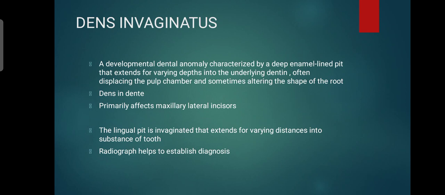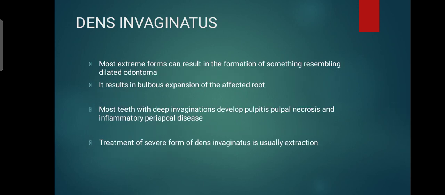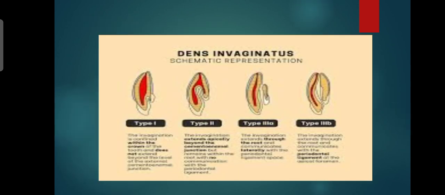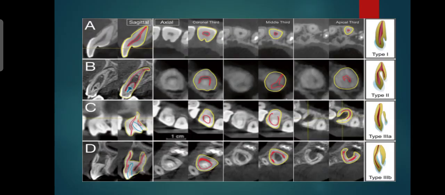Basically, there are two teeth. The tooth is present in the tooth. It primarily affects the permanent maxillary lateral incisors. However, maxillary central incisors and other teeth can also be occasionally affected. Here you can see how the tooth looks. It looks like there is a tooth in a tooth.